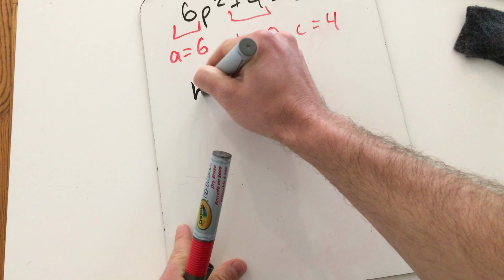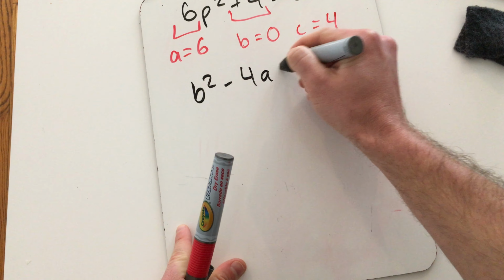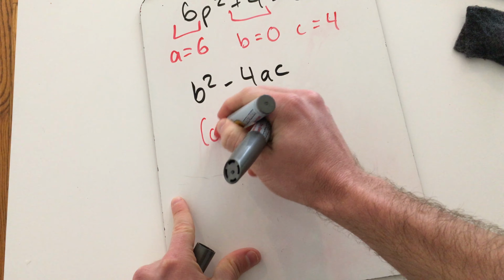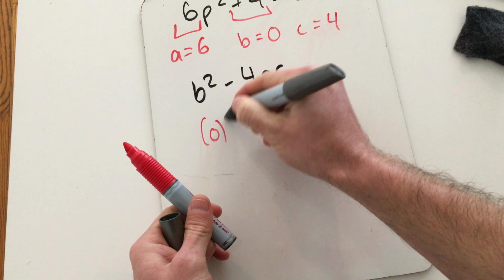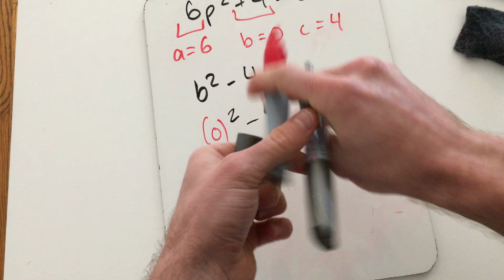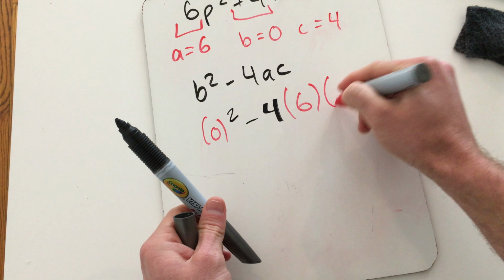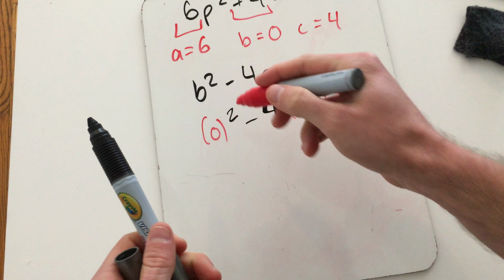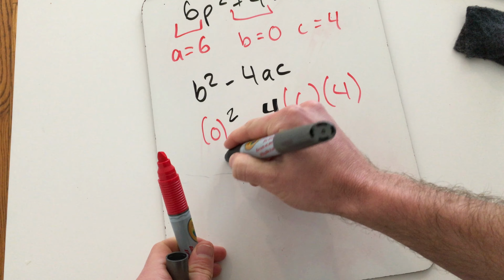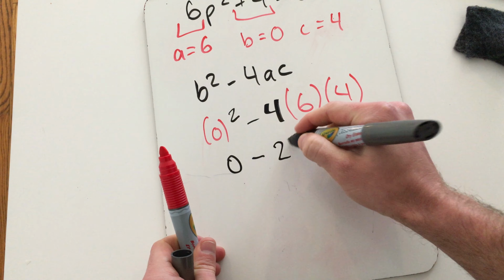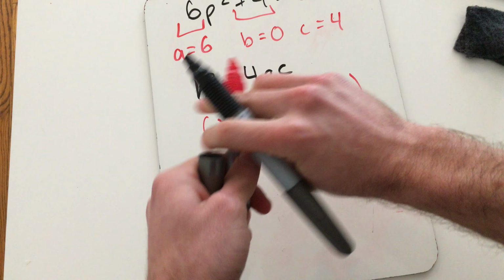b squared minus 4ac. When we plug this into the discriminant, we'll have 0 squared, because b is 0, minus 4, let's see, a is 6, and c is 4. So 0 squared is 0, minus 6 times 4, which is 24, times 4.